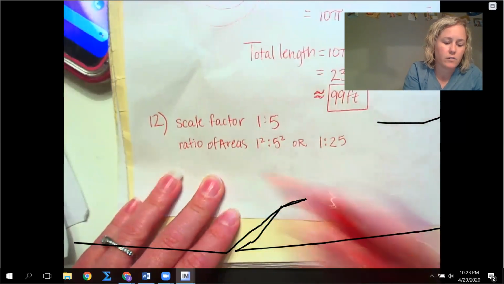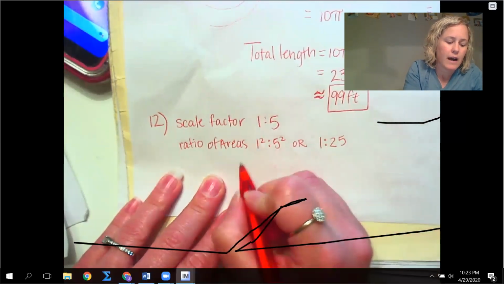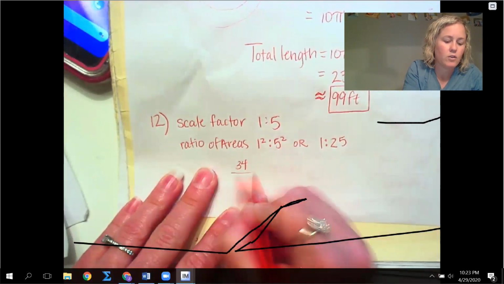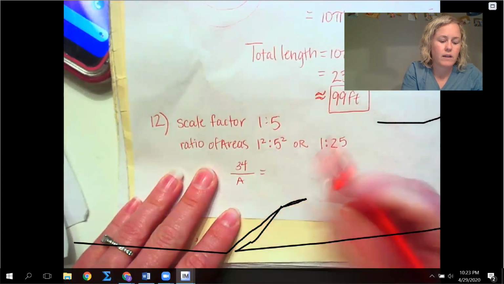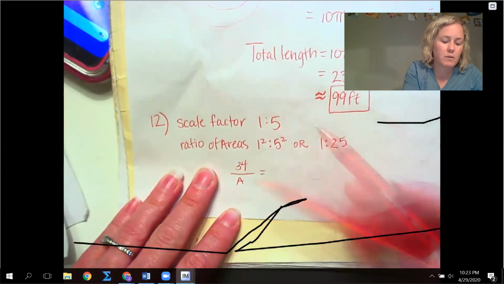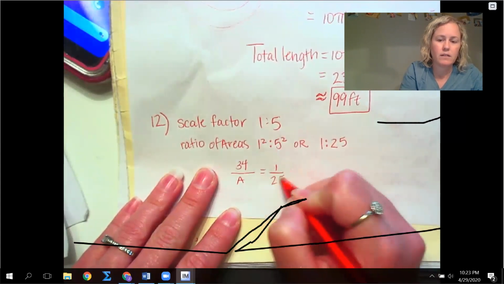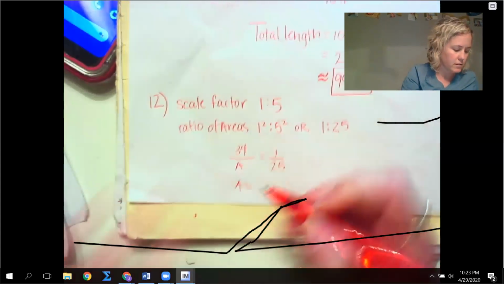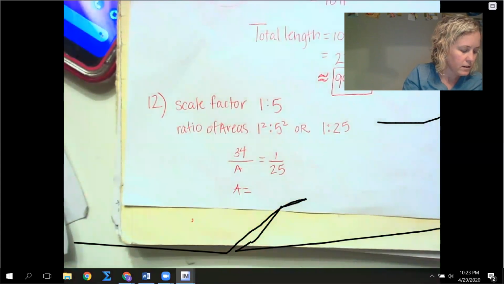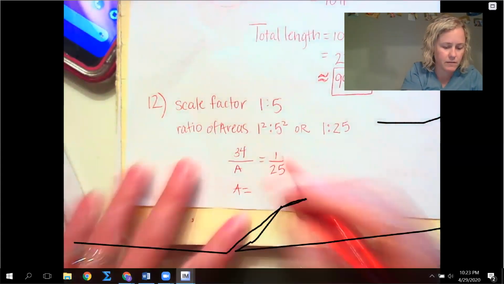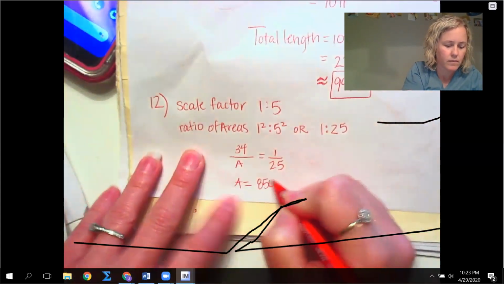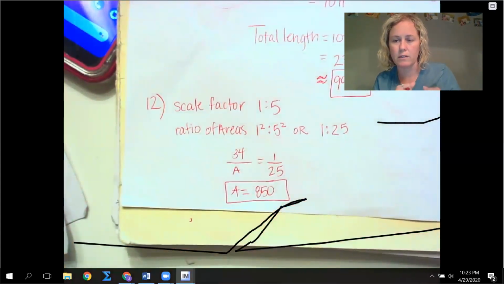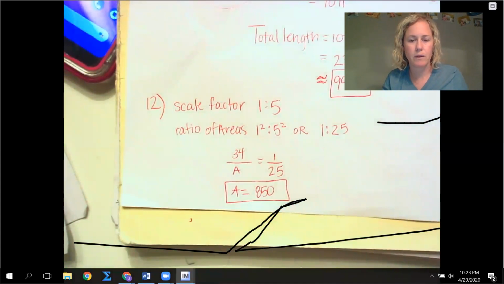So I know that 34, that's the small area, over the big area, the ratio of areas should be 1 to 25. So then I cross multiply. A equals 850. That would be the area, okay? And I forget the units, if it was feet squared or meters squared or whatever.